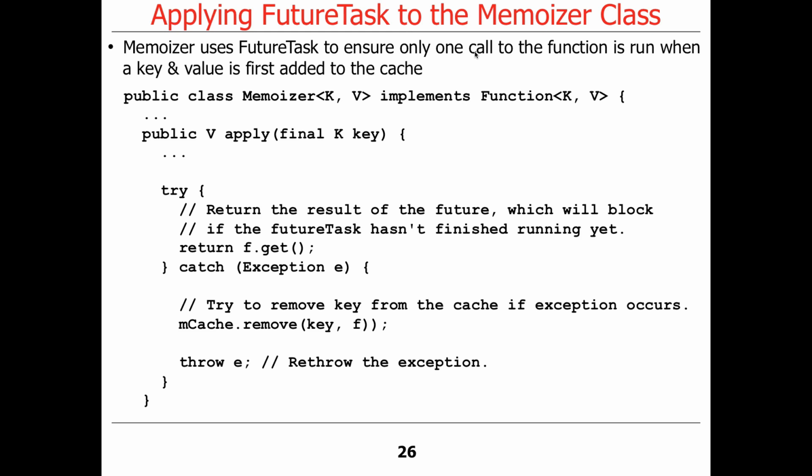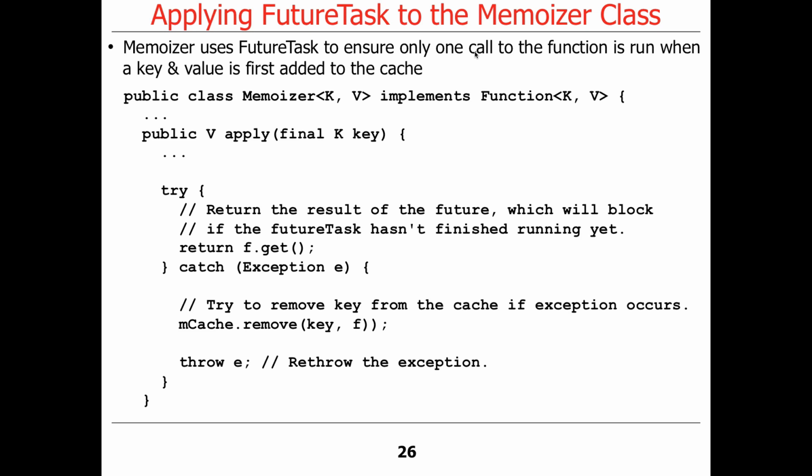So this handles all the three cases, right? We've already got a result, so we just read it. The result is processing but not computed yet, not finished, in which case we have to block. Or the case where we are the ones doing the computation, and when we're finished, we'll get our own result. So those are the three cases that you have to think through.